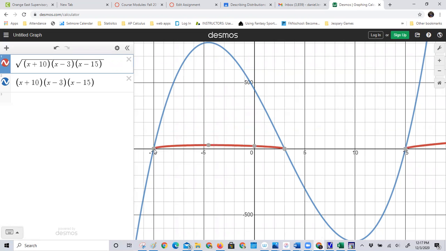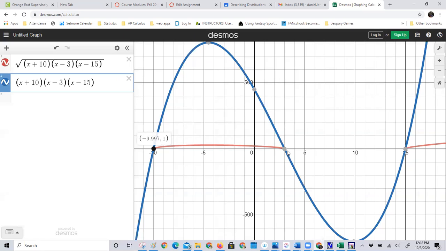And do you see how when it's left of -10, the polynomial is below the x-axis, which means the y values are negative, which corresponds to what we did on that number line. And then between -10 and 3, the polynomial is above the x-axis, which means it's positive, which we can take the square root of, and that checks.